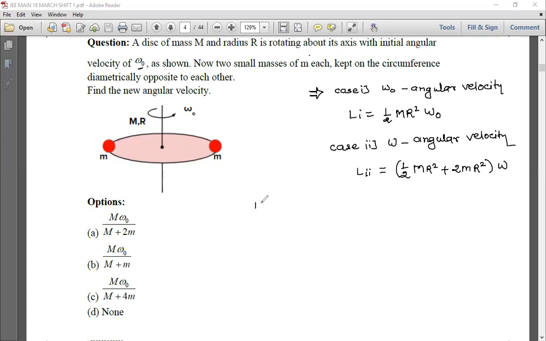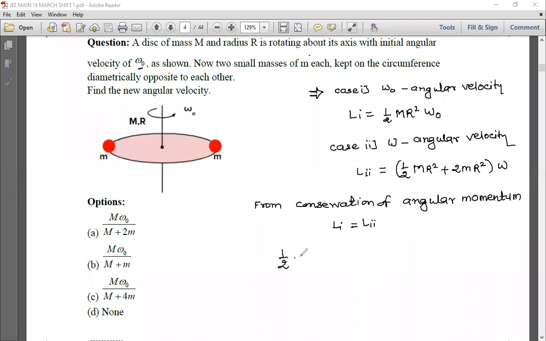Now from conservation of angular momentum, L1 should be equal to L2. Can you equate this? What you will get?